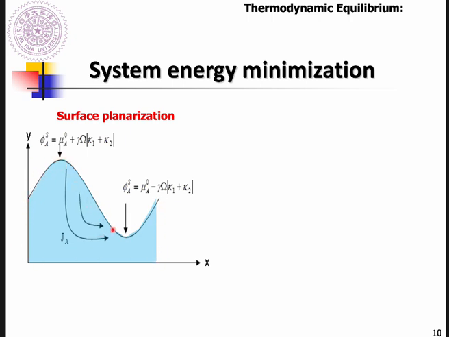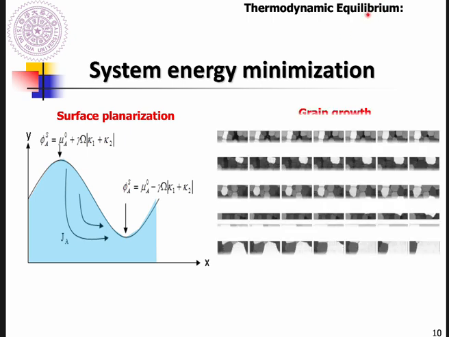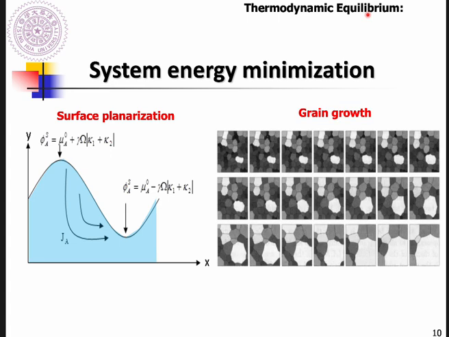We have curved materials, and first of all, we need to determine whether these materials or the system are under thermodynamic equilibrium conditions or not. And what's your opinion? And the second example would be the case we just mentioned, grain growth.